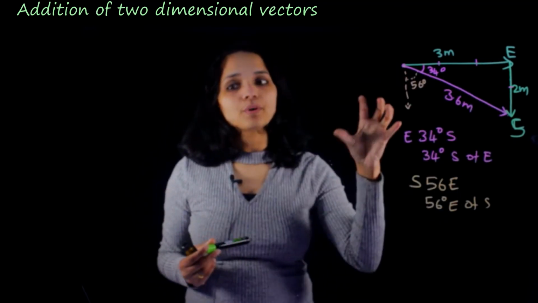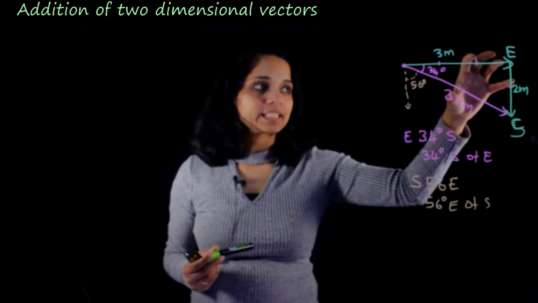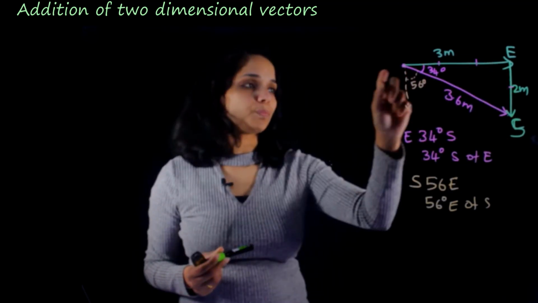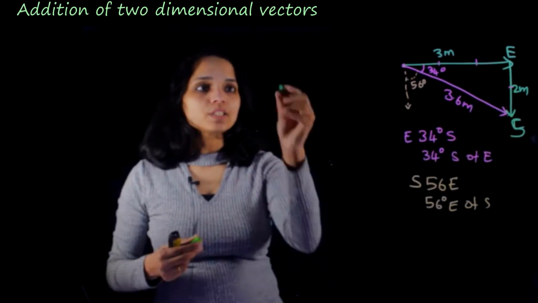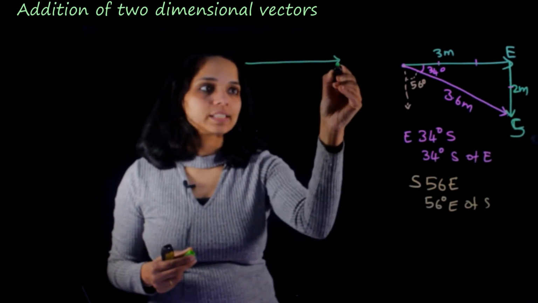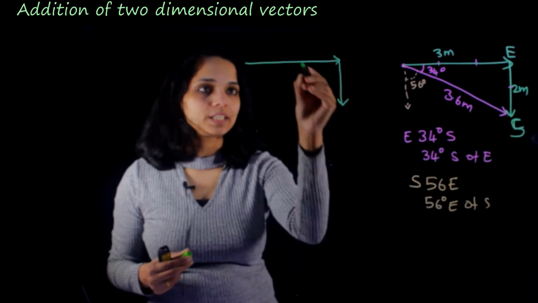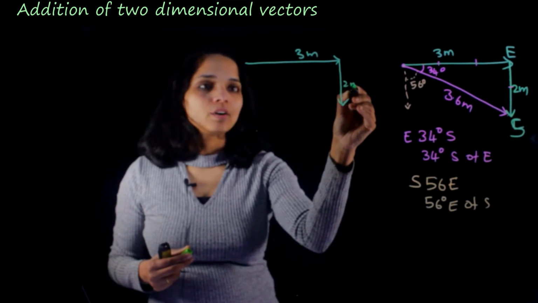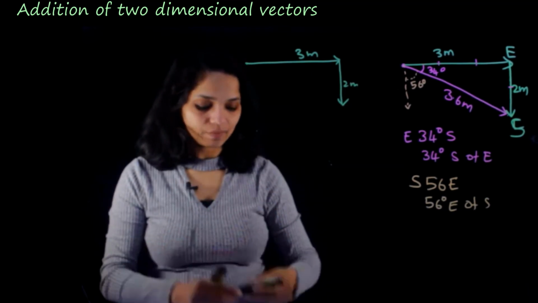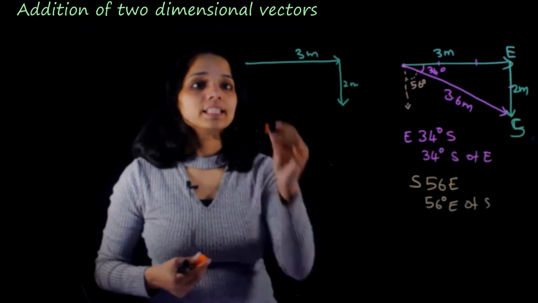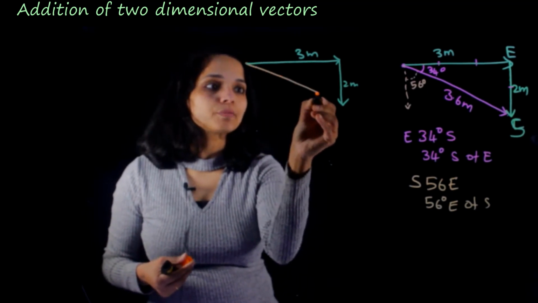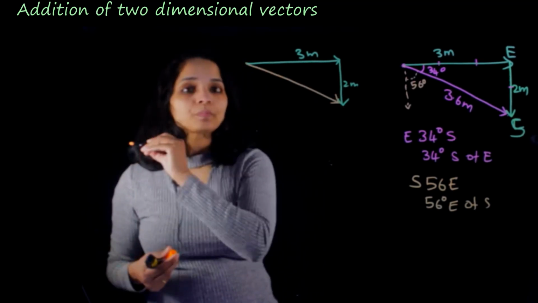The starting point of the geometrical method is quite similar to the head to tail method. You place them head to tail, so this is 3 meters and this is 2 meters, and then the resultant is the vector starting from the tail of the first one to the tip of the second one.